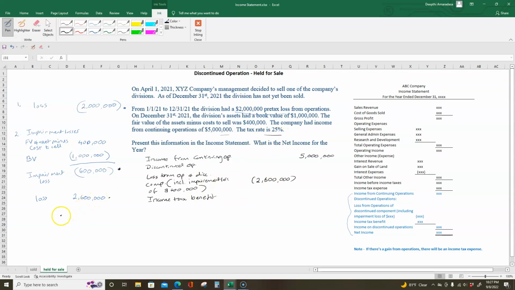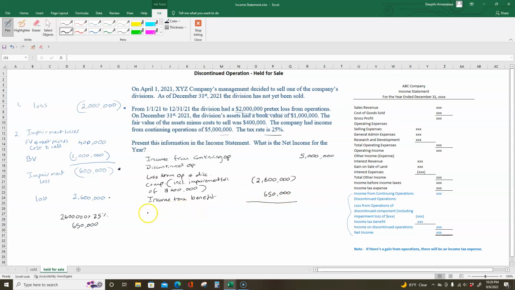So we're going to take 2,600,000 and multiply that by 25%. And you would get $600,000. No, actually, that's $650,000. So the income tax benefit, because the company made a loss of $2,600,000, is that the company's saving $650,000 on taxes. We're going to put that as a positive number. Then we're going to put a line here and net it out.